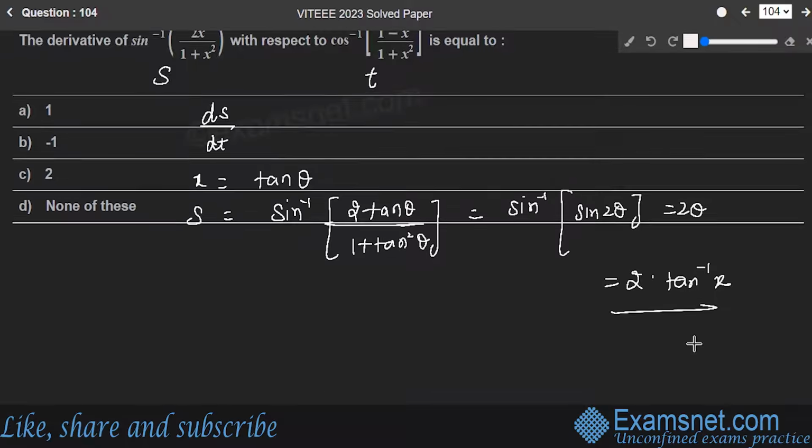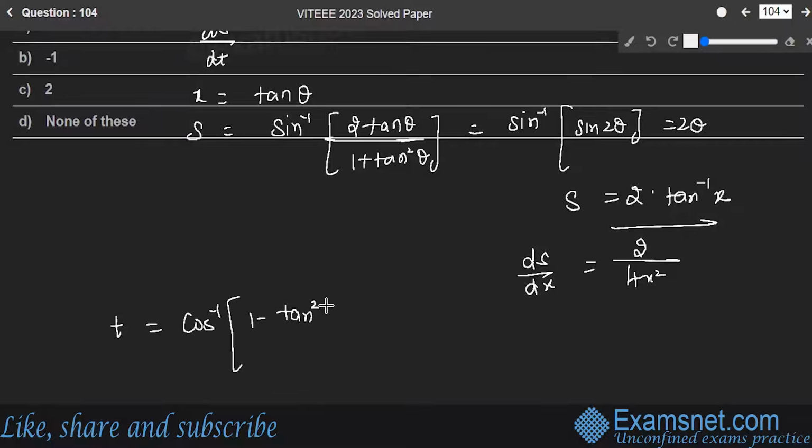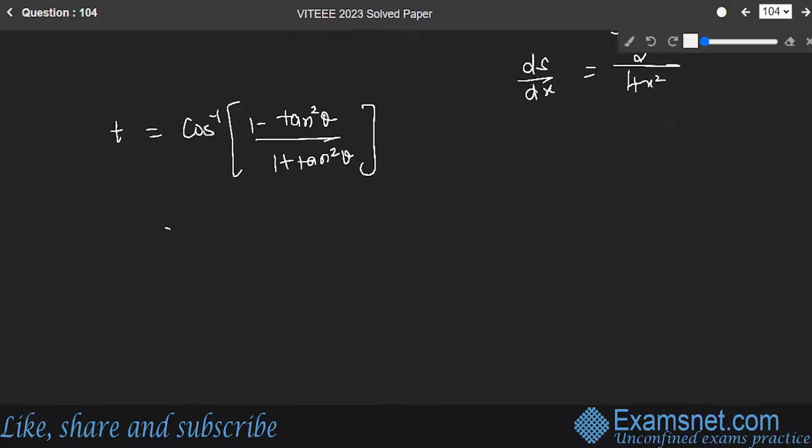Okay, so now let's say you got this as s, right? ds upon dx will be given by 2 upon 1 plus x square. Similarly, you had t as cos inverse of 1 minus x square upon 1 plus x square, which will be written as 1 minus tan square theta upon 1 plus tan square theta, which is the formula for cos 2 theta.